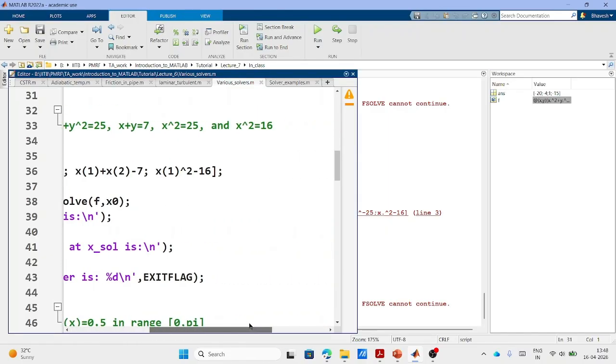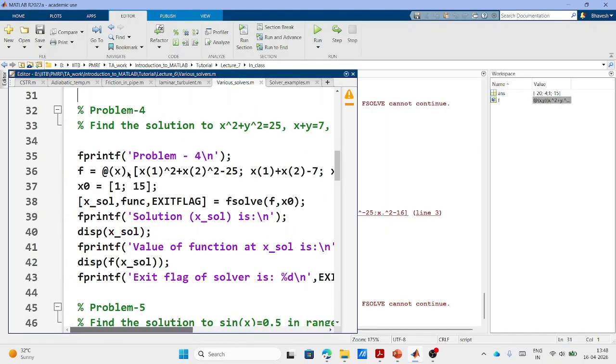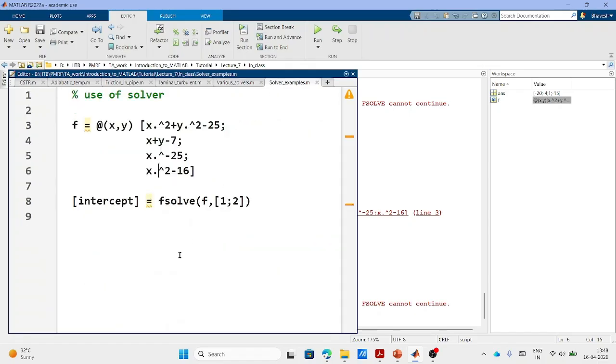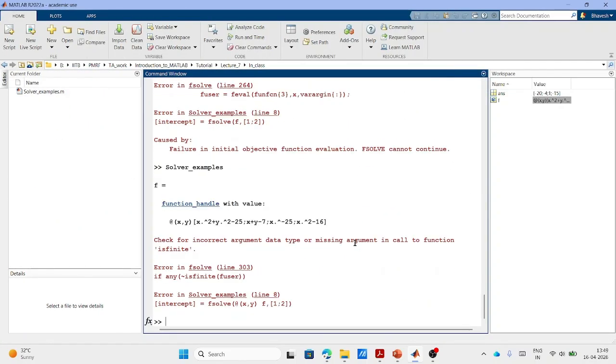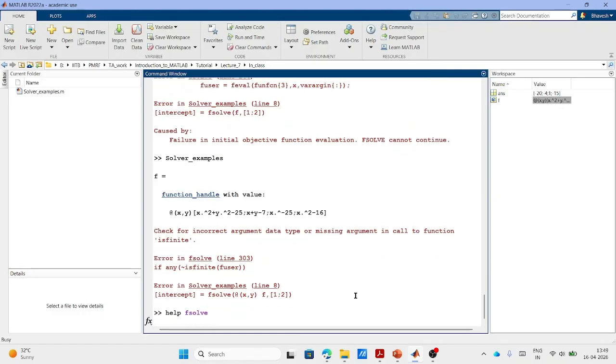Here I have used, instead of x and y as two variables, x as a vector, and then I'm supplying its values as x1 and x2, and it was giving me the correct result. But right now we are getting some error, which should have been easily solved. Let me do help fsolve.